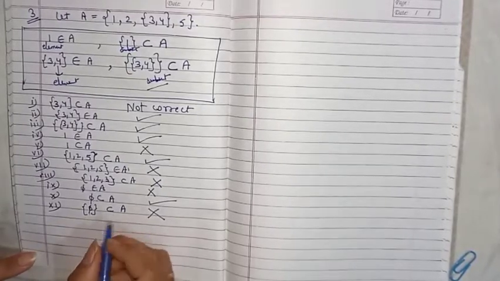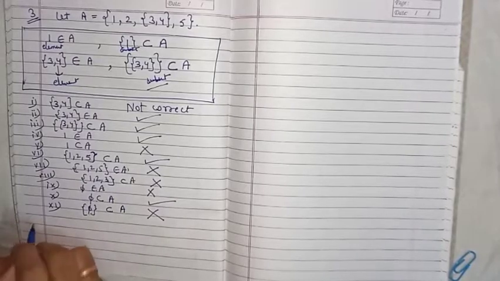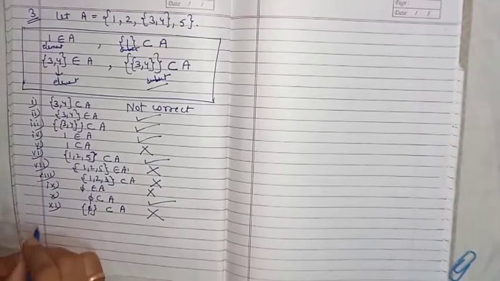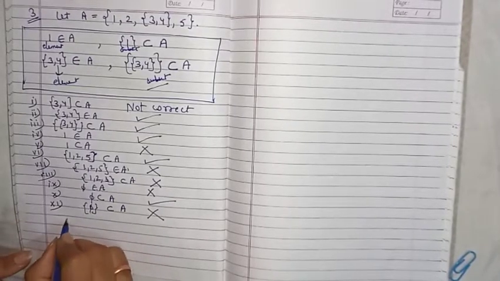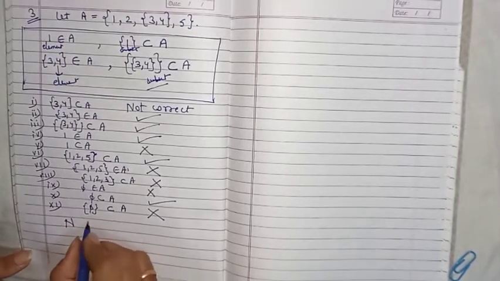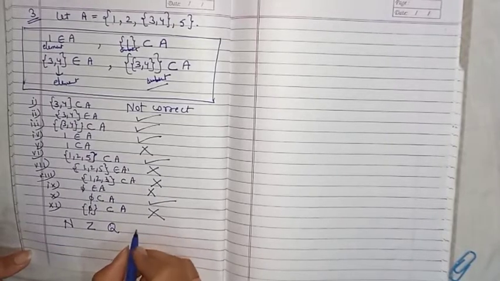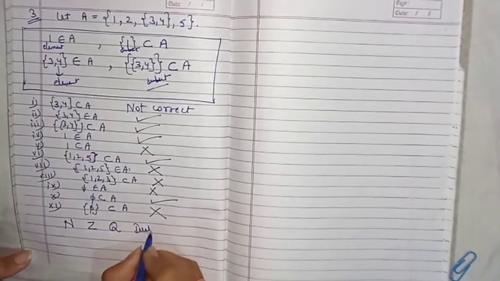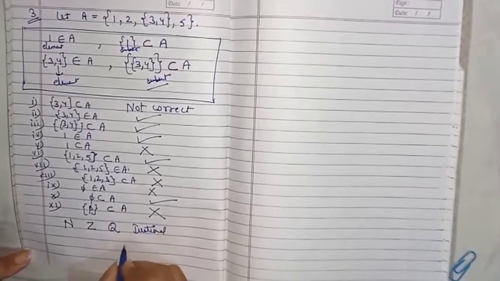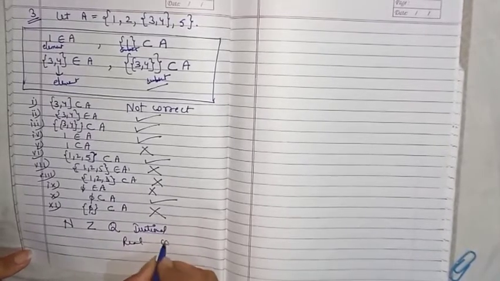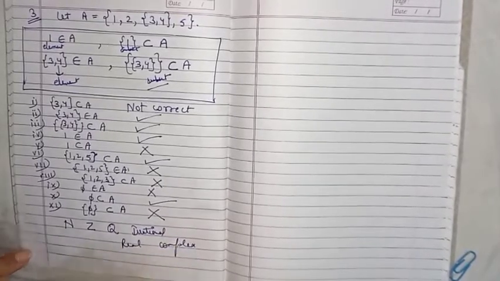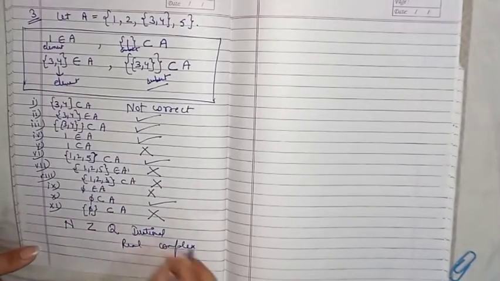Now, one very basic result about natural numbers, integers, rational numbers, irrational numbers, real numbers, and complex numbers. Can you arrange them according to their order?